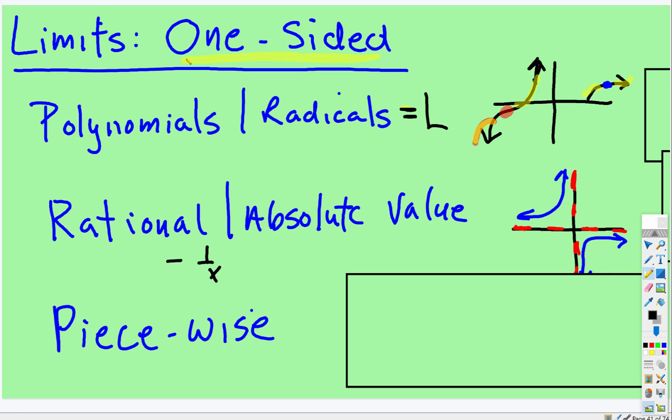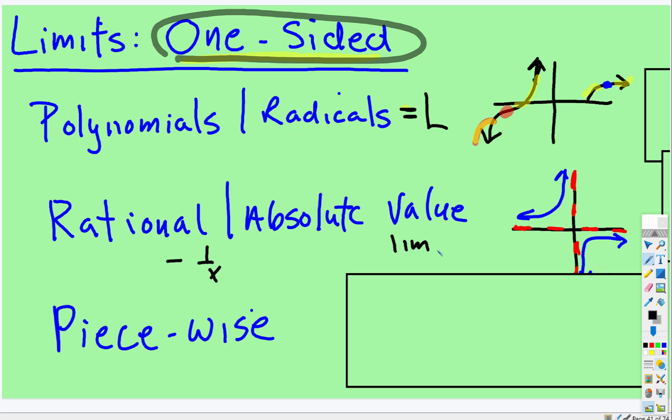But notice if we're talking about one-sided, if I say the limit of negative 1 over x as x approaches 0 from the left, all we can do is look at the left side of 0.